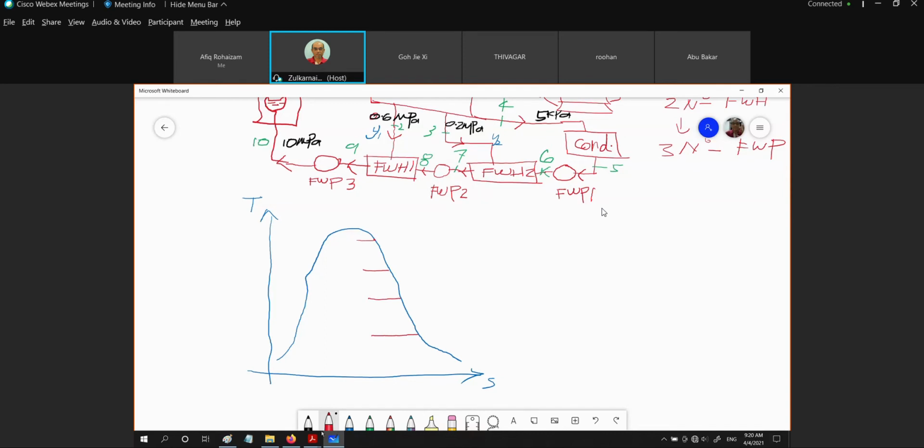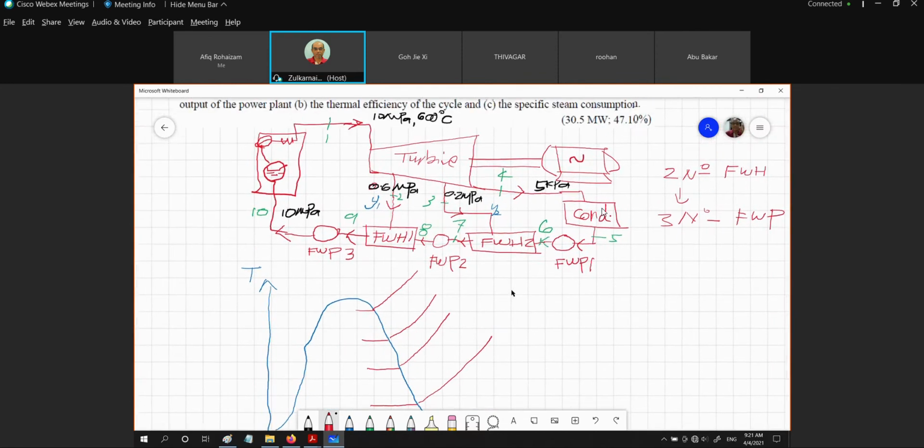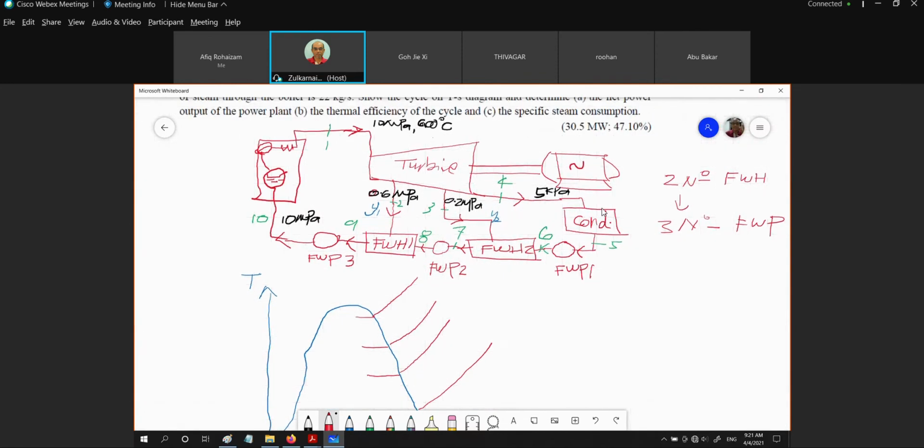Right? So if I project the pressure, for sure, state 1 is superheated. Why is it superheated? Because right here it is 600 degrees C going into the turbine.